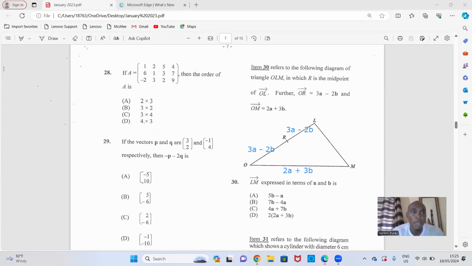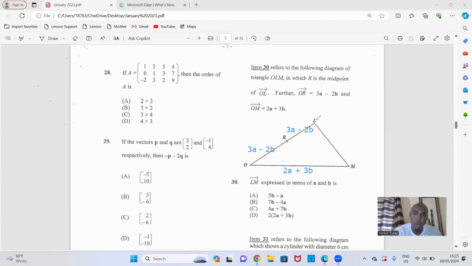So if we want to find vector LM, we have to go from L to O and O to M. Now remember, if you're going to go in the opposite direction, you'll have to change the sign. So if you're going from O to R, this would be 3A minus 2B, but R to O, this becomes negative 3A and this becomes plus 2B.